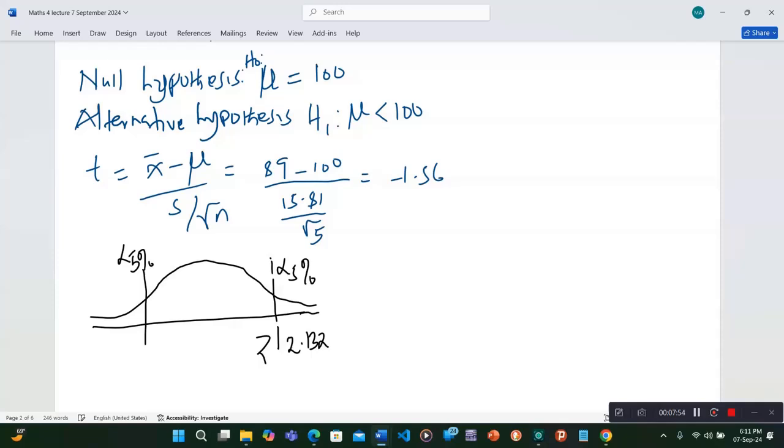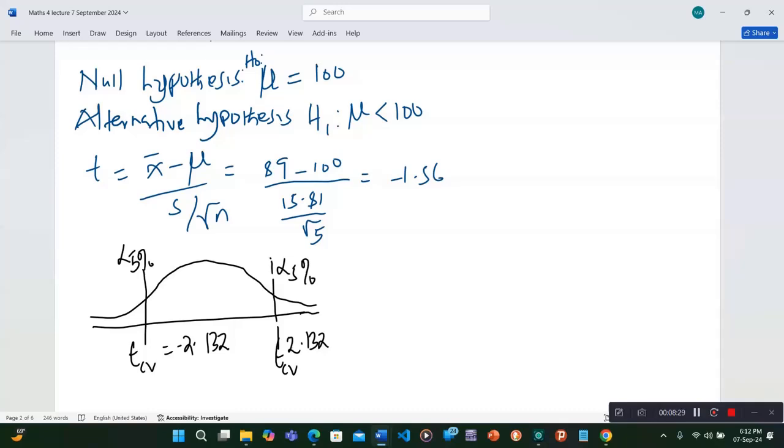That is the Z critical value. Then Z critical value here is equal to negative 2.132. Excuse me, sir. Sorry, this is supposed to be a t value. Thank you for the correction. This is supposed to be a t critical value.